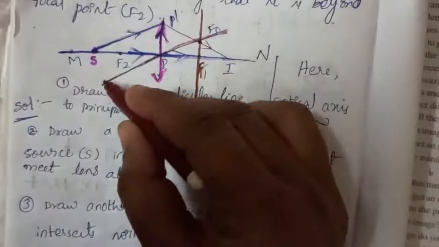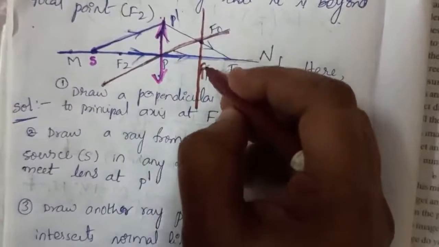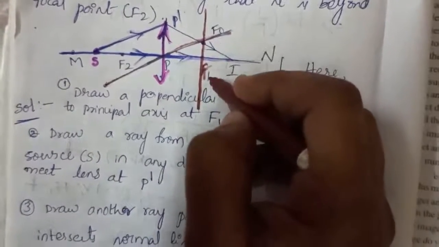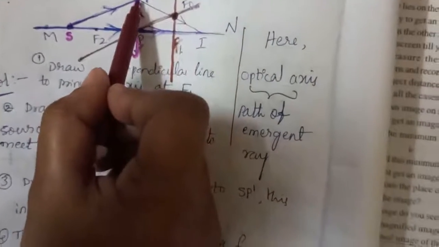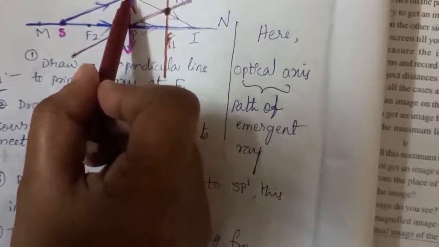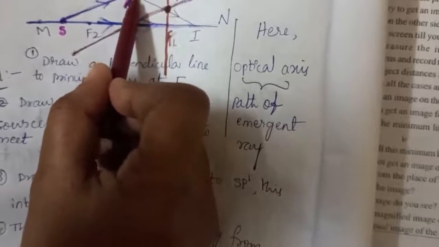Where the point of intersection of that focal plane at F1 and the parallel line is, mark that point as F0. Then we draw a line passing through F0.